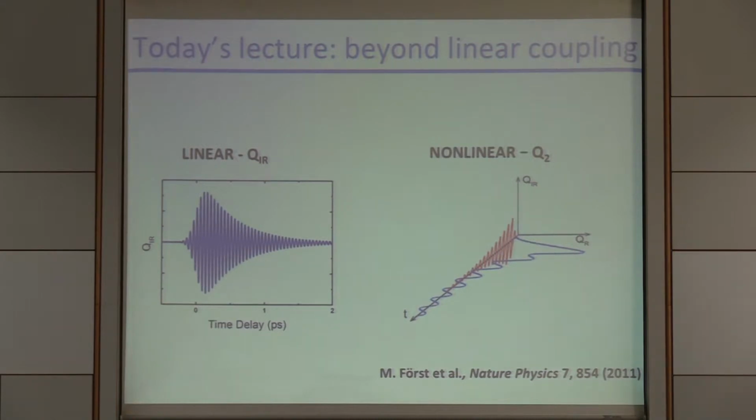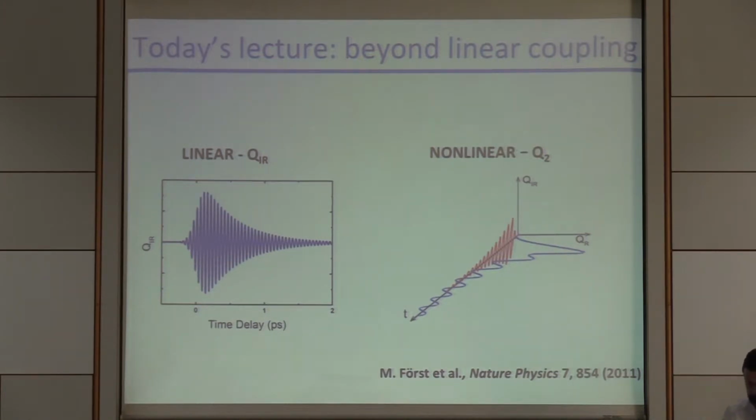This is a big part of this: instead of driving simply a mode linearly and shaking it close to its average position, we exploit the coupling of this infrared active mode that I'm driving to one or a subset of other modes. The red mode is the one that I'm driving with my light field, and I'm going to try to displace other modes that are coupled anharmonically to it.